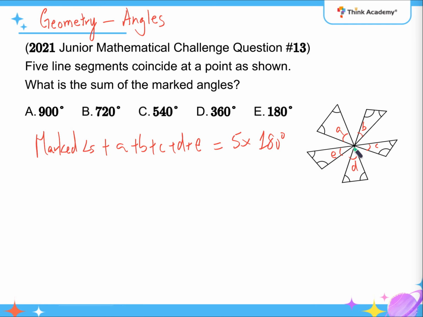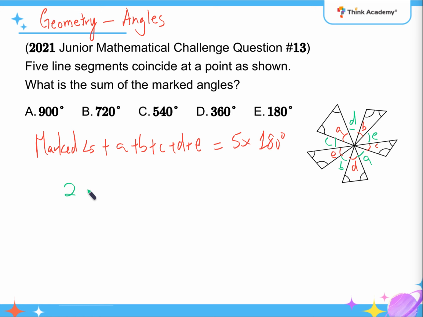We know that by the vertically opposite angles, this is A, this is B, this is C, this is D, and this is E. And all of them add up to 360 degrees because they are angles at a point, right?